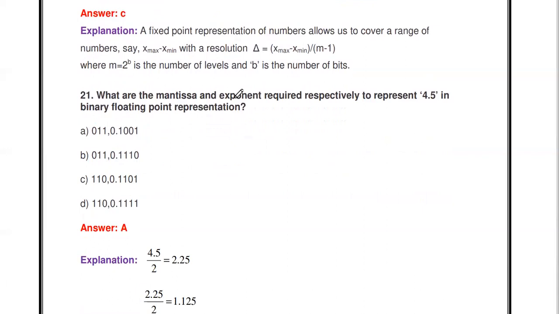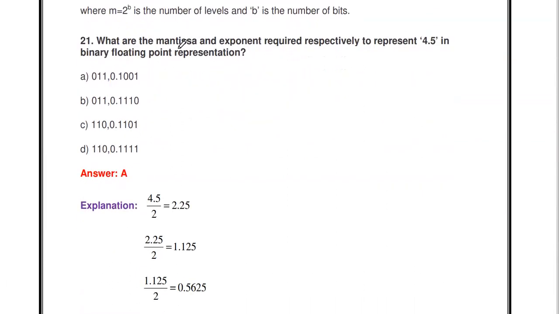This is the formula. Then what are the mantissa and exponent required respectively to represent 4.5 in binary floating point representation? For the decimal number 4.5, what is the floating point representation?